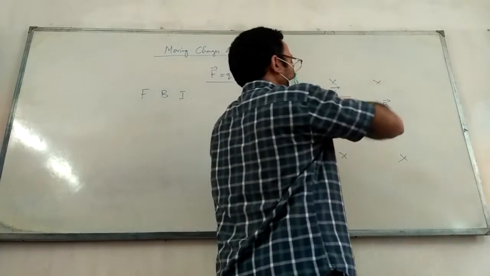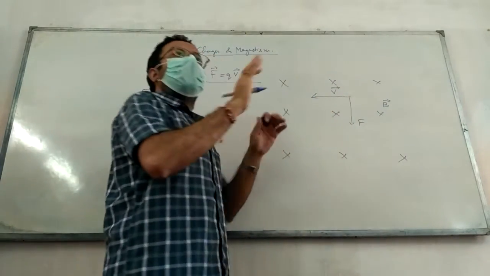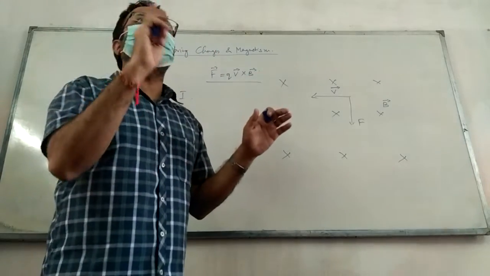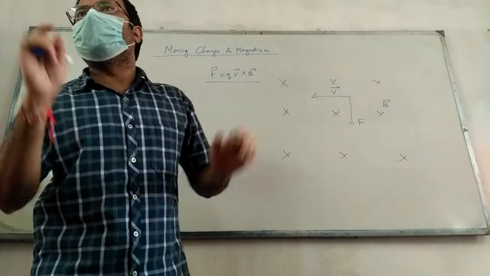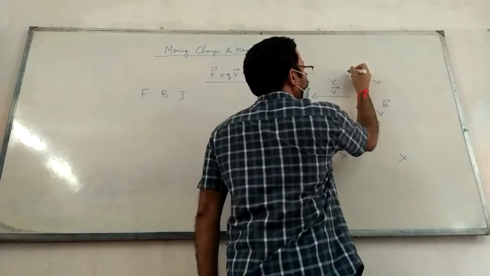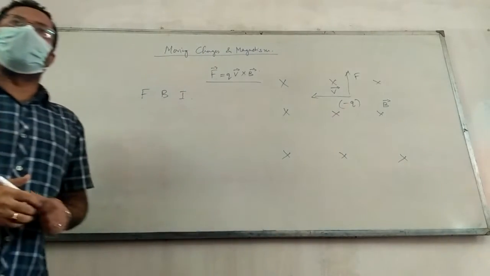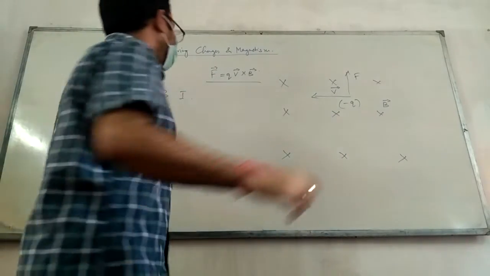Ideal situation, Fleming's left-hand rule says that it should experience the force in the downward direction. First find the direction of force, after that check the charge once. If the charge is negative, just invert the direction. Why? Because the charge is negative. Clear? Next question.